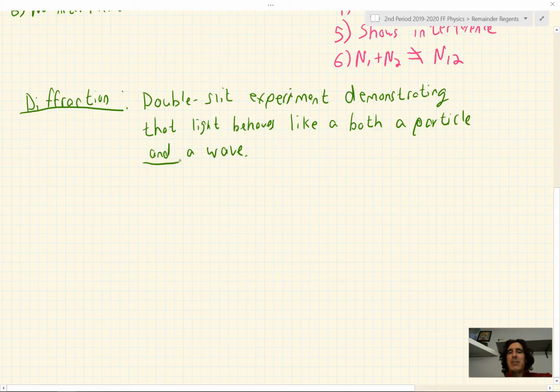Now, even though technically it's neither a particle nor a wave, because it has characteristics of each, we're going to say that it behaves like both.